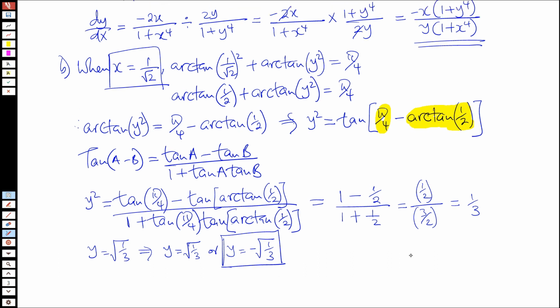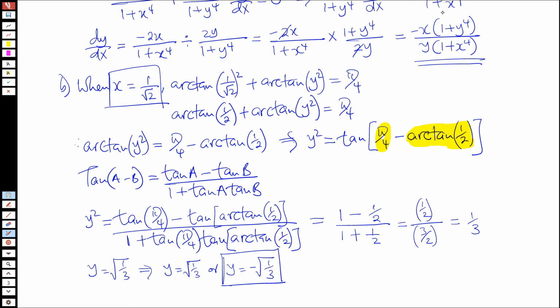So now we can go ahead and substitute these two into the derivative to find the gradient of the curve at that point.